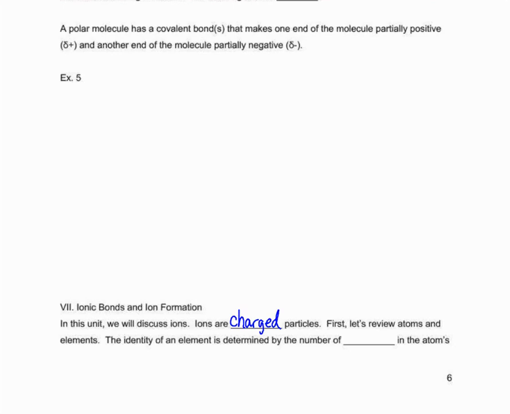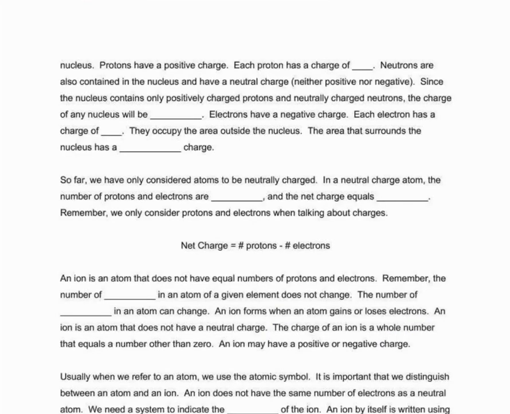First, a quick review. The identity of an element is determined by the number of protons in the atom's nucleus. Protons have a positive charge.